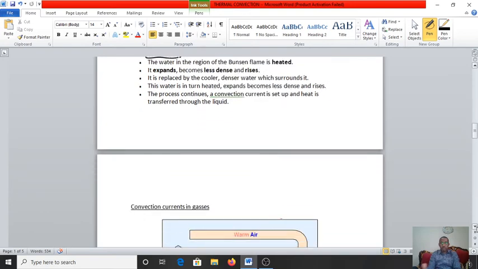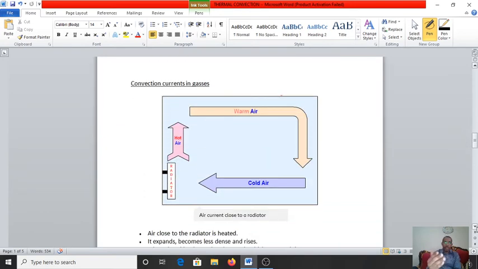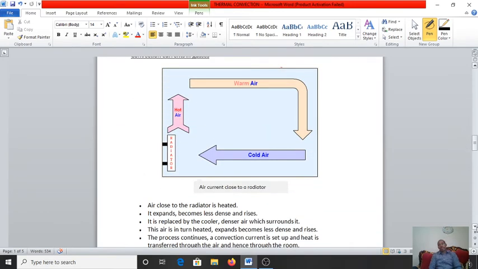And we also have convection currents in gases. Like here, it's a radiator used to heat up a room. This radiator must be placed at the bottom. We'll discuss those facts later. But the air in this region next to the radiator heats up. When it heats up, it expands. It becomes less dense.